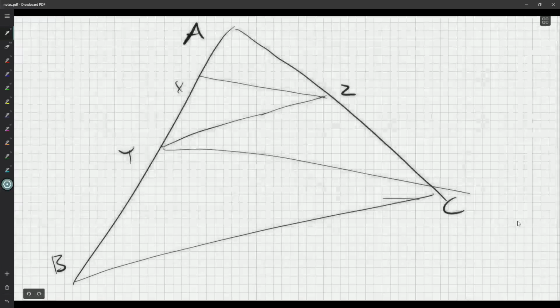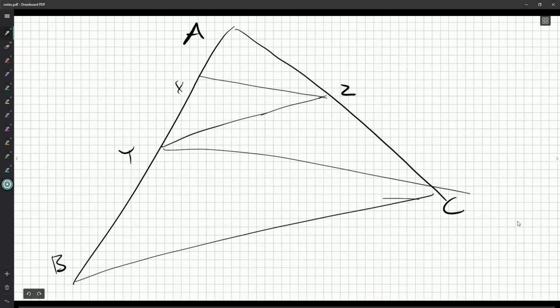Okay, so parallel lines, which means the angle that we hit is the same here, and this angle here is going to be the same. We've got another set of parallel lines.